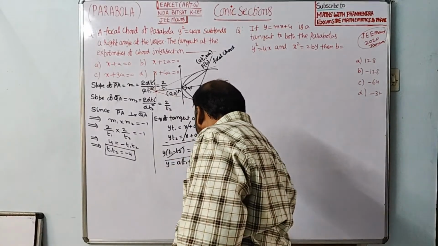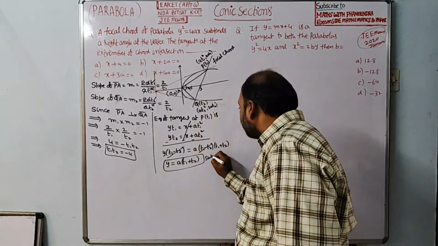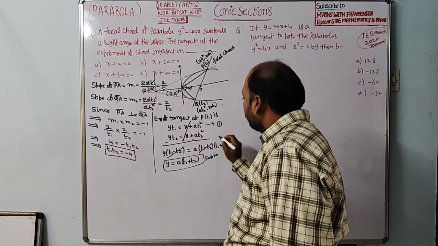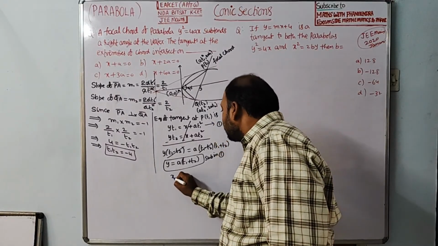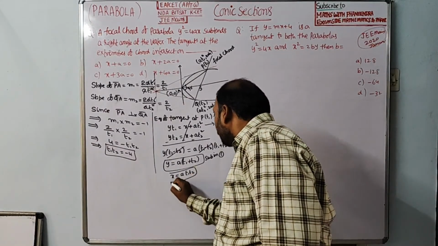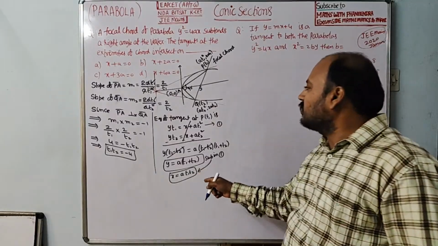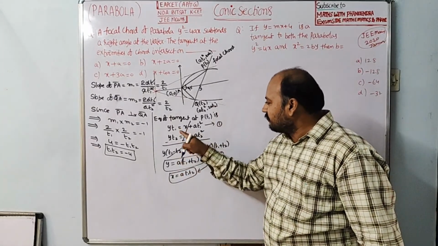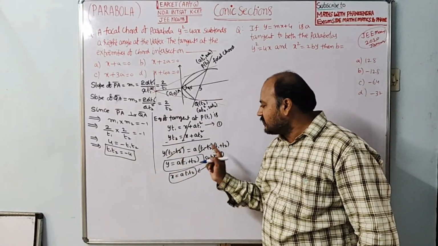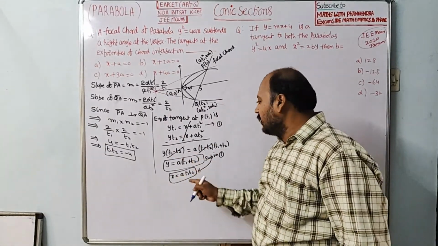If you substitute this value in any one of the tangents, you get x is equal to a into t1 t2. You substitute, students. So in place of y, a into t1 plus t2, if you substitute, a t1 square is going to get cancelled. A t1 t2 is the remaining.